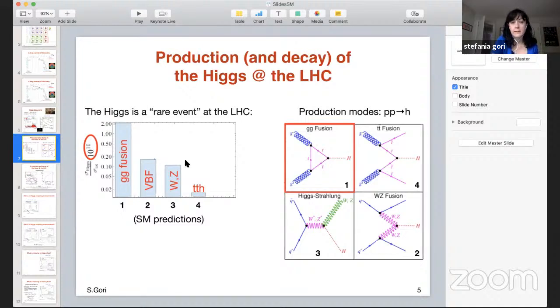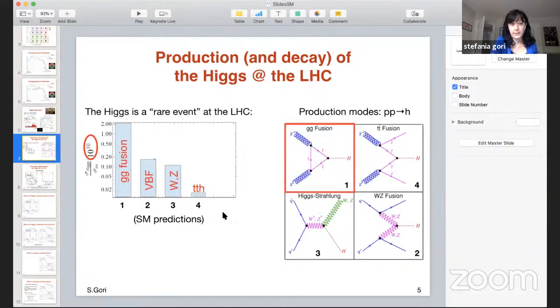So overall, you see that indeed we need incredibly many proton-proton collisions to produce a Higgs particle. So it's a very low probability. But since we know that we have incredibly many proton-proton collisions at the LHC, indeed we were able to produce quite a few of them. I think we are talking by now of a couple of millions or a bit more even.